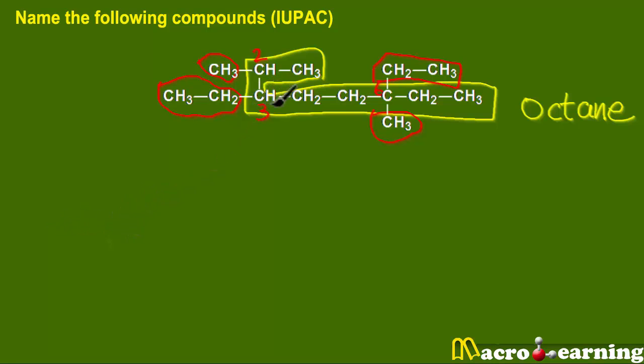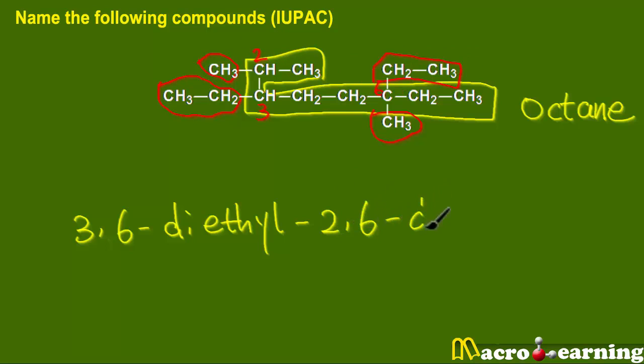So it's 3, 6 diethyl, right? And 2 methyl groups on carbon 2 and carbon 6, so it's 2, 6 dimethyl octane. Okay, 3, 6 diethyl, 2, 6 dimethyl octane.